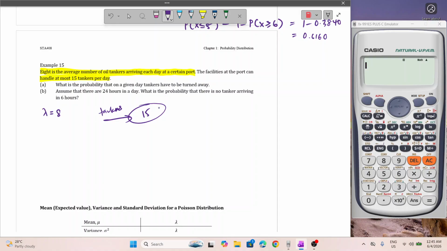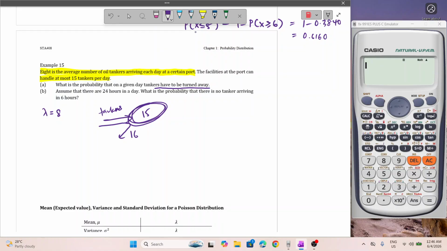So the question is, what is the probability that on a given day tankers have to be turned away? It means that the tankers go and then it cannot enter the port. Instead, it needs to be turned away. When? Of course, when the number of tankers is already 15, and the tankers that need to be turned away are the 16th and above.